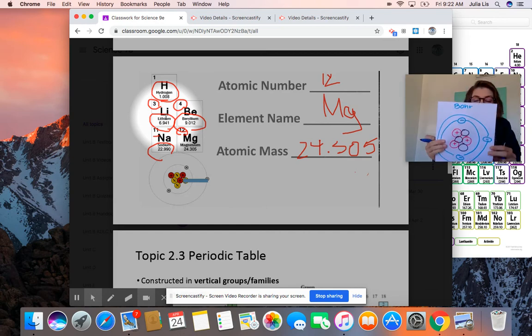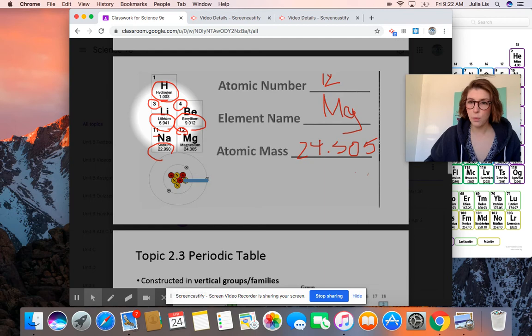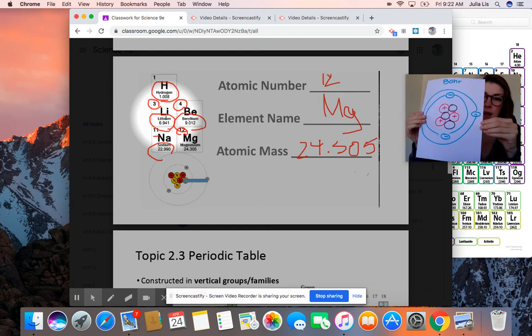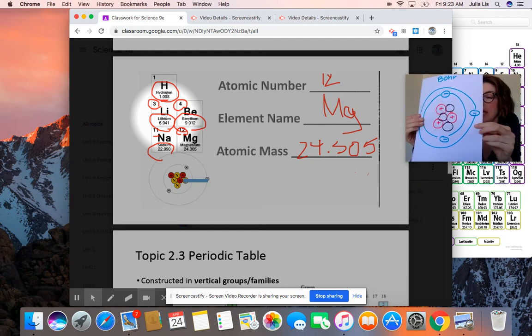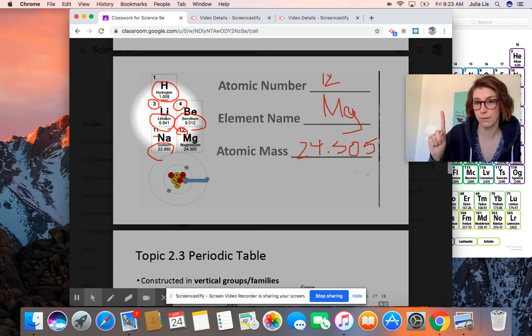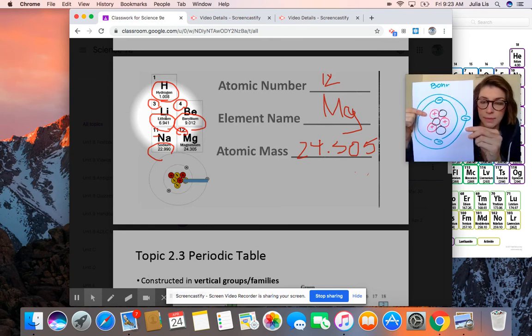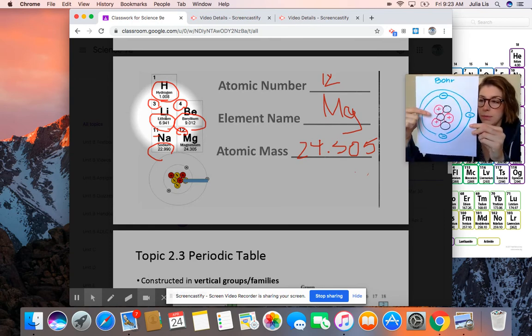Okay, Bohr, Niels Bohr. And so the weight of it, okay, think of each subatomic particle in the nucleus as weighing 1 gram. So I have 1 proton, 2, and then 3.